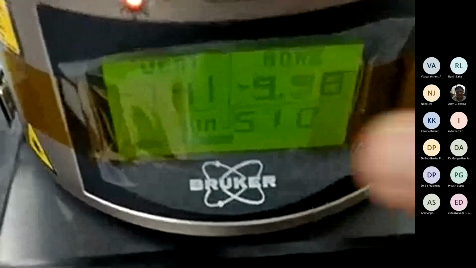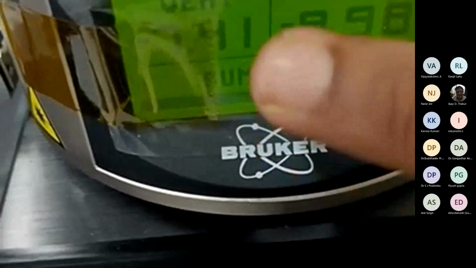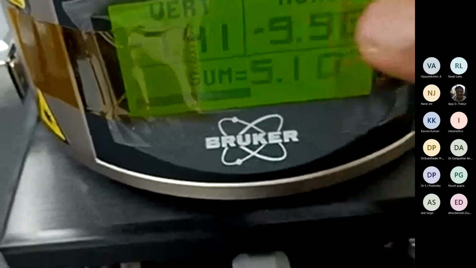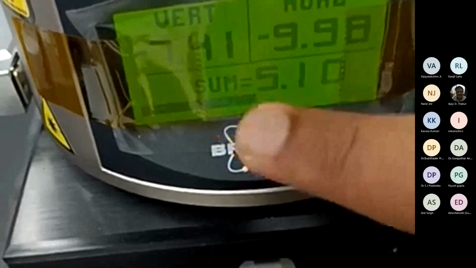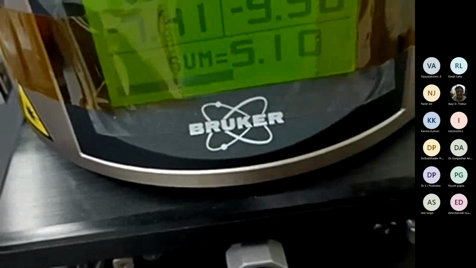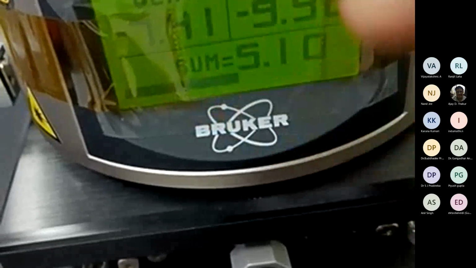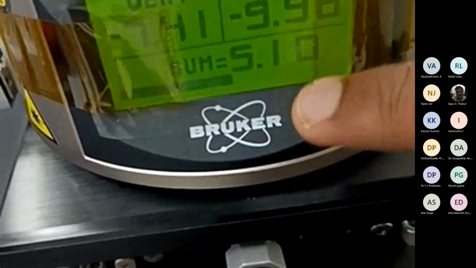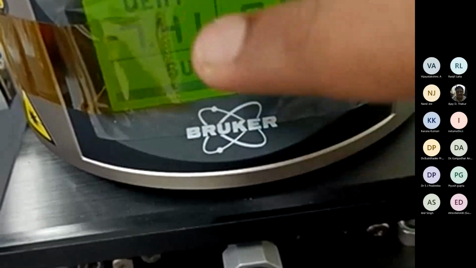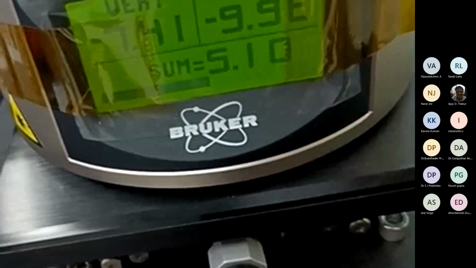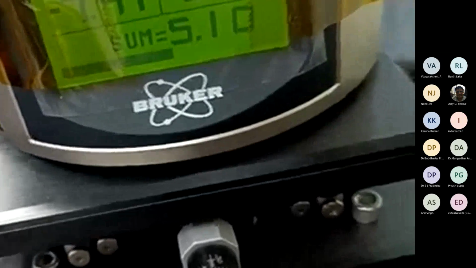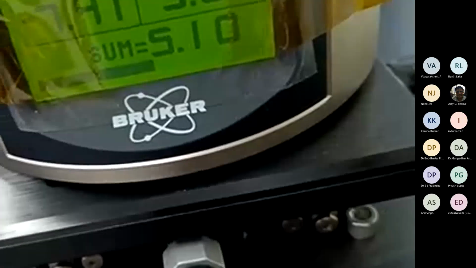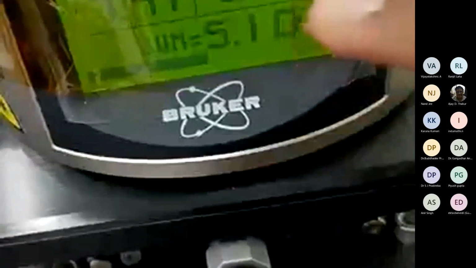In this screen display, we can observe three things: vertical, horizontal, and sum. Sum is the total intensity of the laser at the photo detector, which is around 5.1 here. And vertical is nothing but the deflection quantity, (A plus B minus C plus D) upon (A plus B plus C plus D). I told you just some time before.